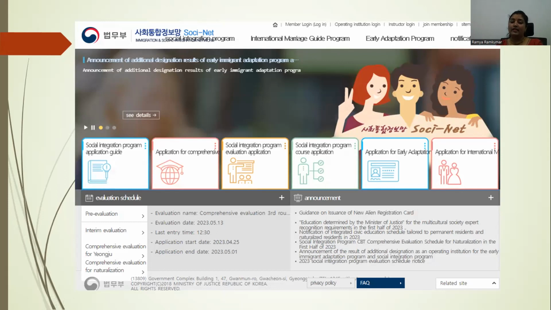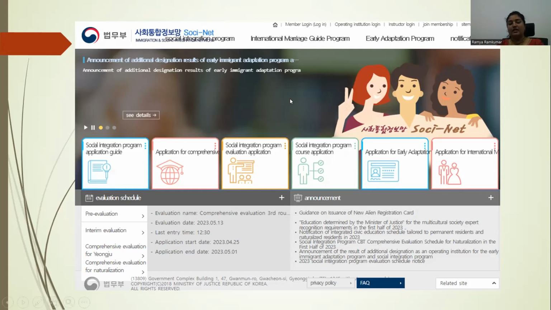After creating an ID and password with the SoshiNet website, you can go to the membership login, which is available here. When you go to membership login, you can enter your ID and password and log in to the website. After logging in, you can see all this information. It's all available in English also, so it is hassle-free.